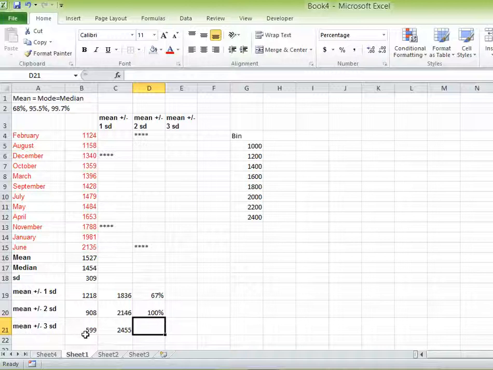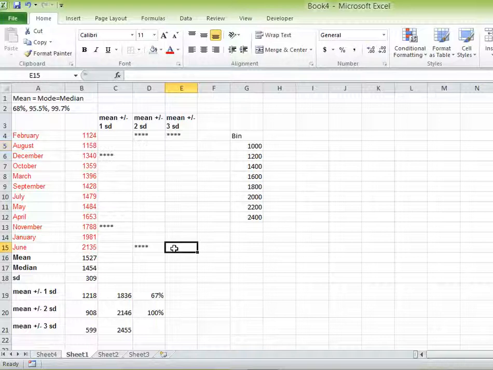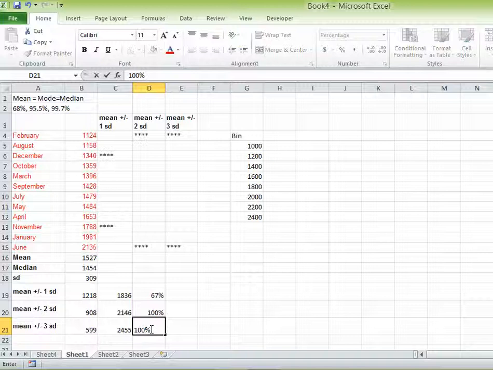How about mean plus 3 standard deviations? Well, I can already tell you that if mean plus 2 covered 100%, mean plus 3 standard deviations is also going to cover 100%. 599, yes, well below 1124, and 2455, well above 2135. Again, we have 100%.